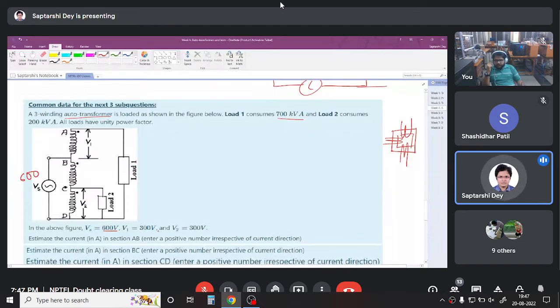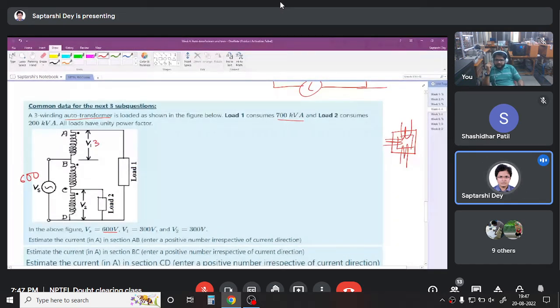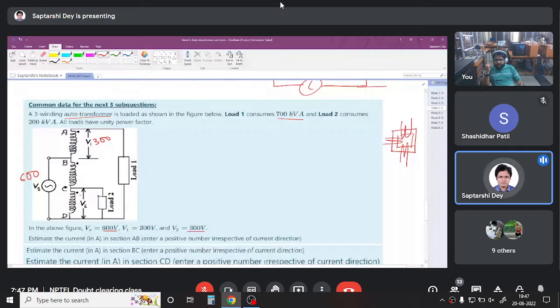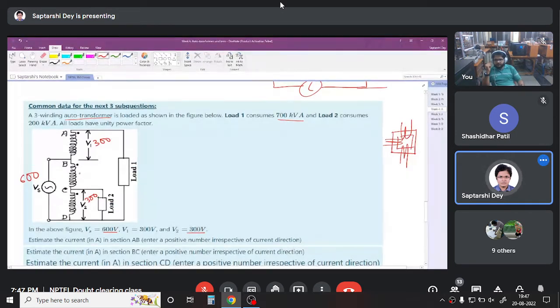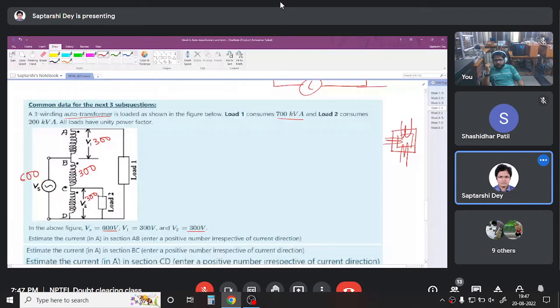V1 is 300 volt. This is 300. And V2 is 300 volt. This is again 300. So if this is 300, this is 600, this will also be 300. From the dot convention we can say that it is 300 like this, 300 like this, 300 like this.